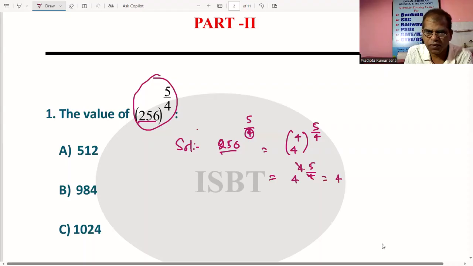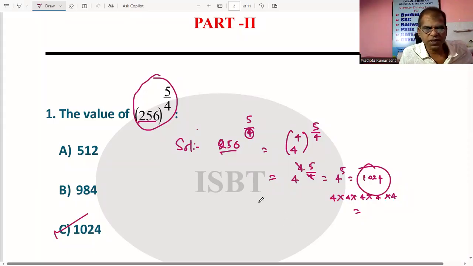So 4 to the power 5 is equal to 1024. That is 4 into 4 into 4 into 4 into 4, which is 1024.